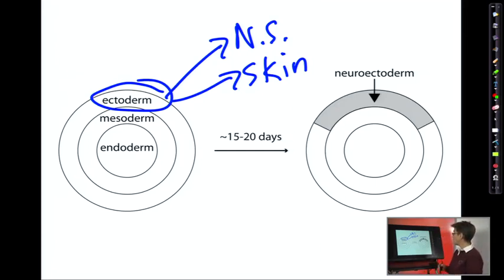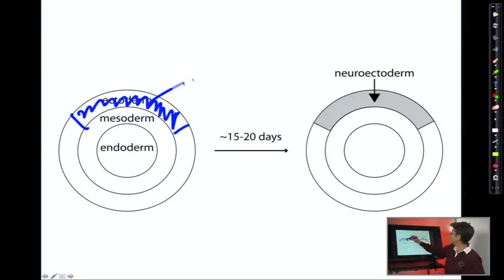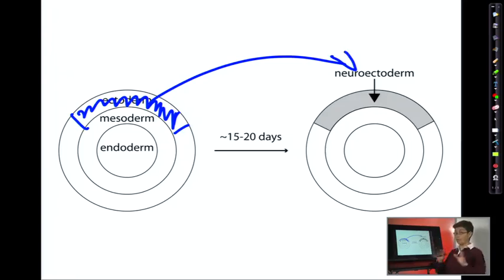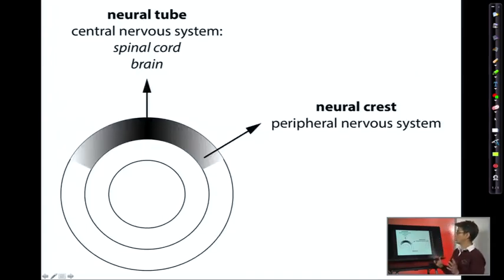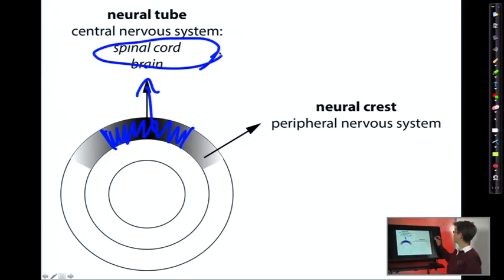Okay, so around 15 to 20 days at this point, a piece of this ectoderm becomes special, and it turns into what we call neuroectoderm. And the neuroectoderm is going to form the entire nervous system. It's going to do that in 2 parts. We're going to separately form the central nervous system and the peripheral nervous system. The central part of this neuroectoderm, this piece here, is going to go off and become the central nervous system, which is the spinal cord and the brain.